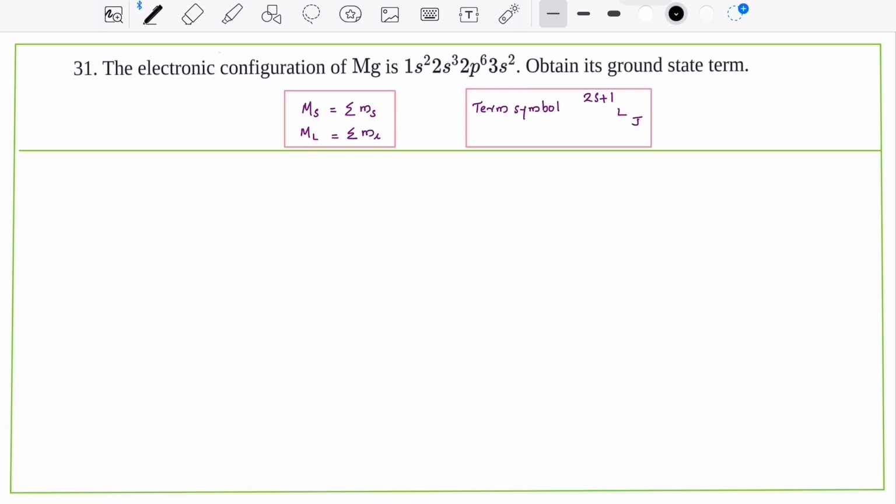We have to obtain the ground state term. Let us use the term symbol 2S plus 1 L j, where S is the total spin of the atom, L is the orbital angular momentum, and J is the total angular momentum.